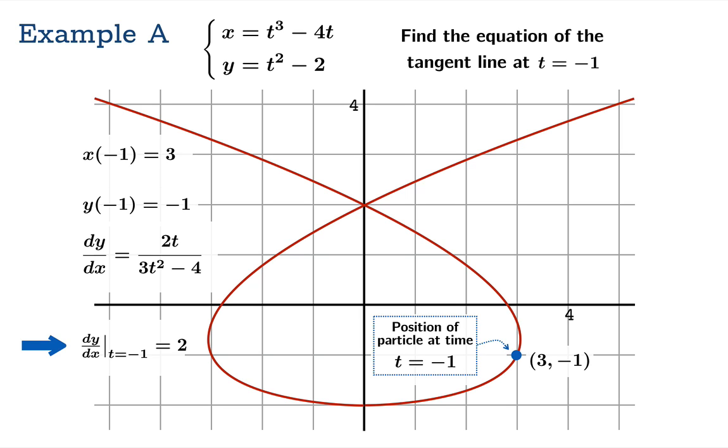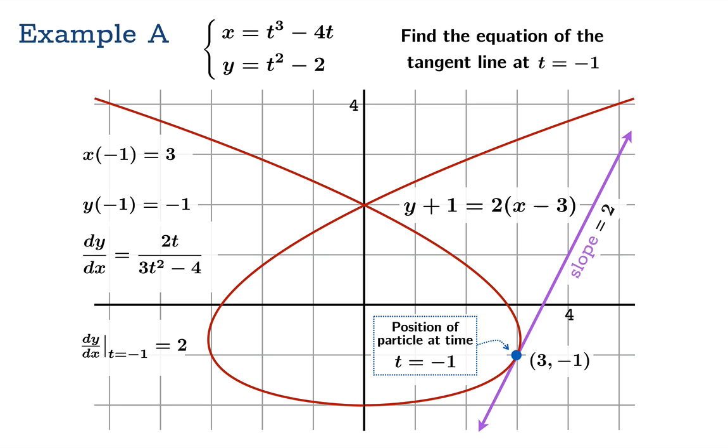The tangent slope should be 2. Now, if we draw this line with slope 2 that goes through the point (3, -1), this picture looks awfully good. It looks like we really have figured out the tangent line, and the equation for this using point-slope form is very simple. And there we go, our first application of the tangent slope formula. It seems to be working.